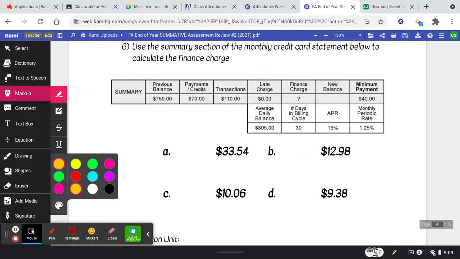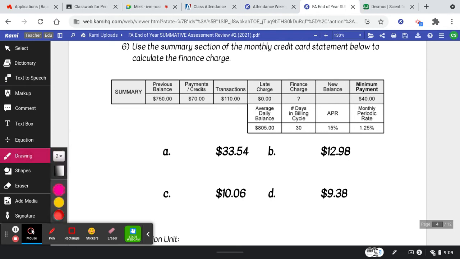Okay, so for this one, it says, use the summary section of the monthly credit card statement to calculate the finance charge. This is that thing from the beginning that we wrote down the formula. So let's write it down again here.